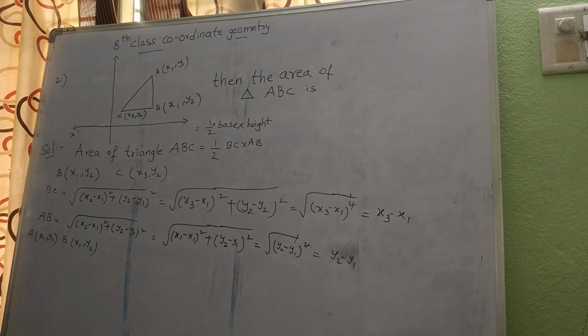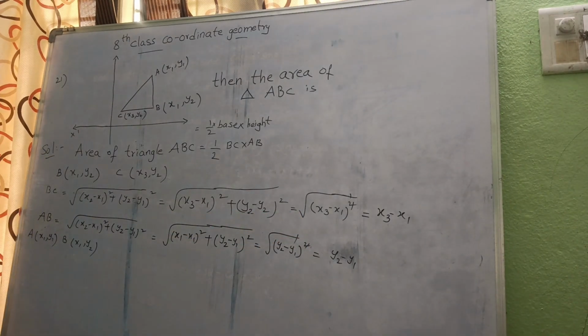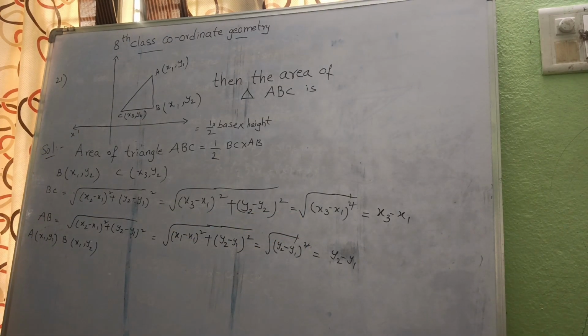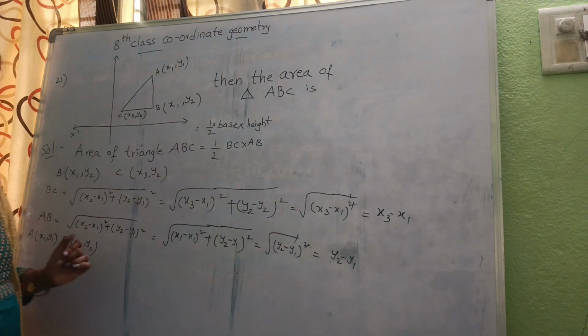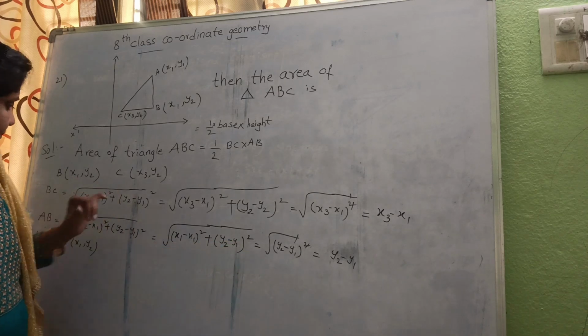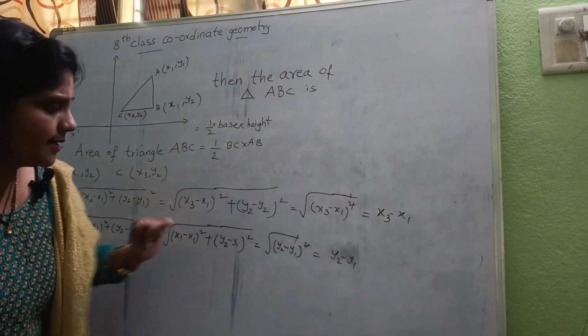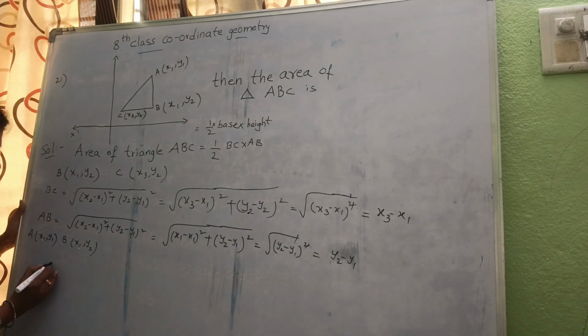BC value is x3 minus x1 and AB value is y2 minus y1. So I am substituting in the formula for the area of triangle ABC.